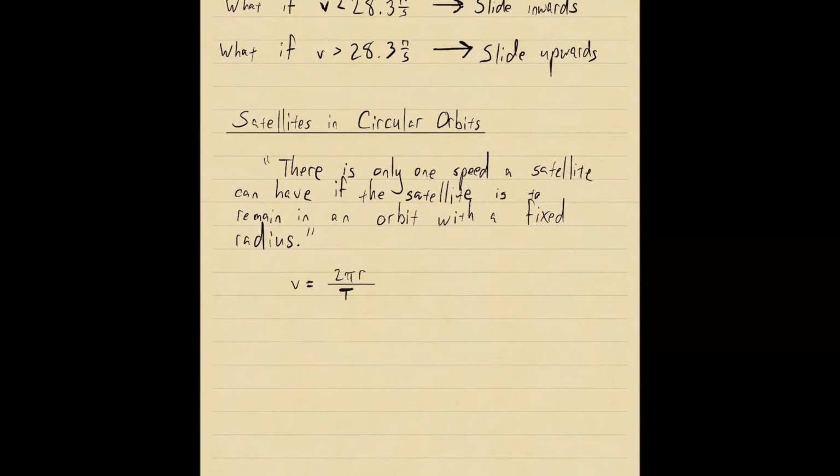And so what this is saying is that if the moon were to travel any faster around the Earth, then the radius would have to change to compensate.